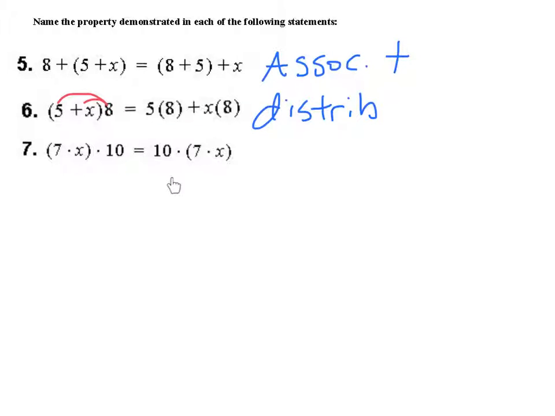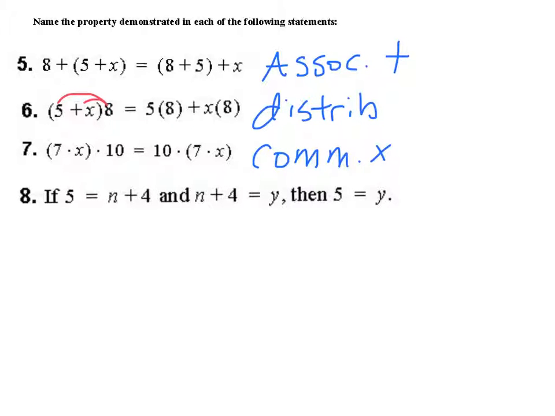They have 7 times x times 10 and then 10 times 7 times x, so that's commutative property of multiplication. This is an example of if A equals B, B equals C, then A equals C, so that is transitive property.